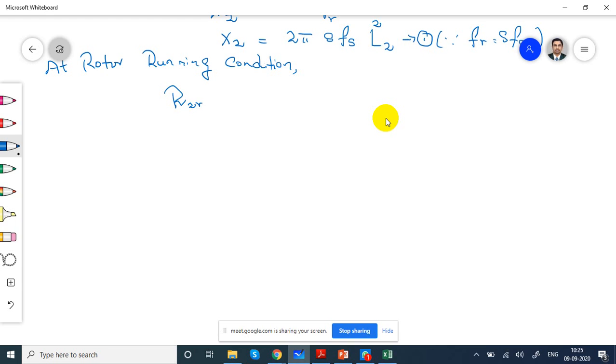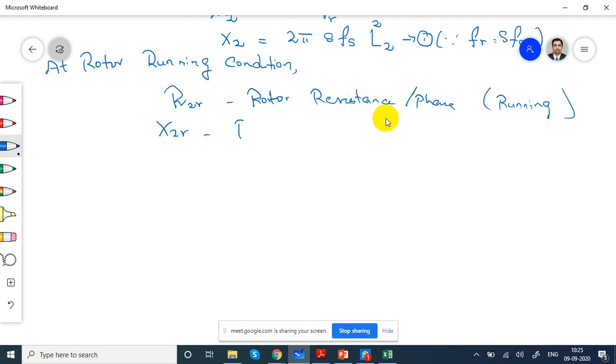X2R and R2R. R2R stands for rotor resistance per phase during running condition.